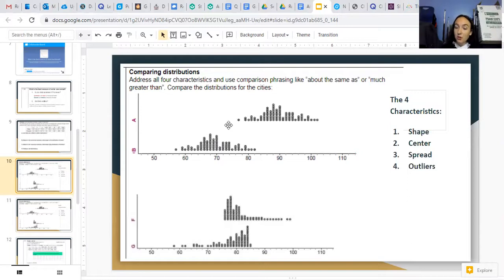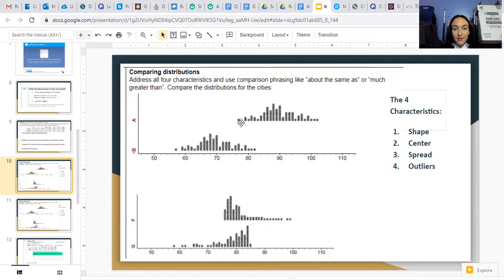They're both symmetrical. And then I would look at center. And I would say the center for distribution A, I might want to use my mean, but since I can't calculate it, I would simply say the center is near 88 or 90, which is greater than the center of distribution B, which is closer to 65 or 70.